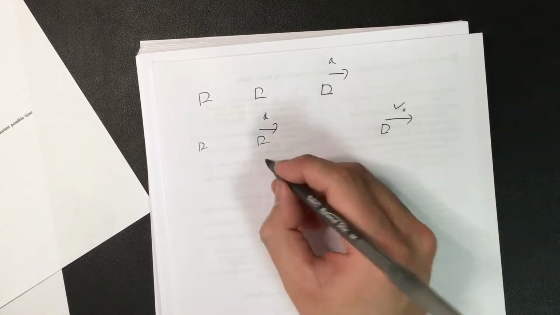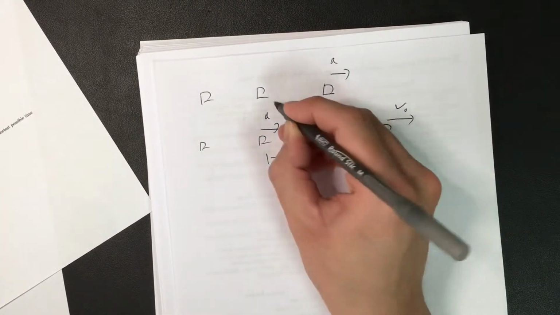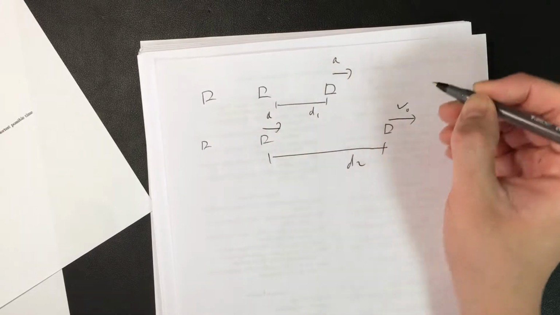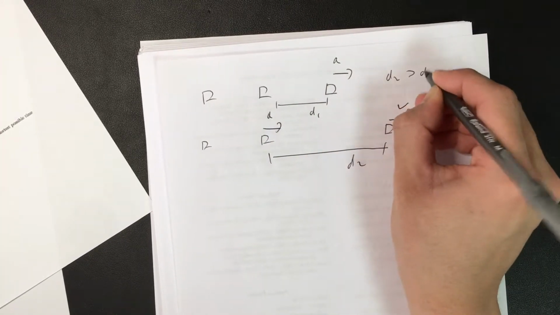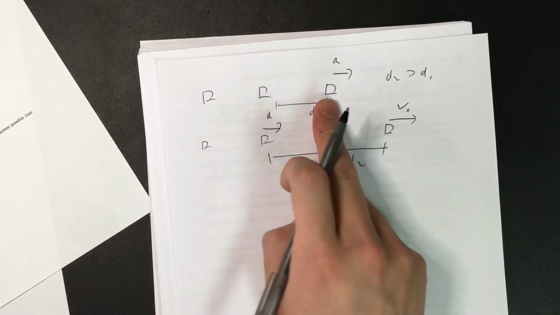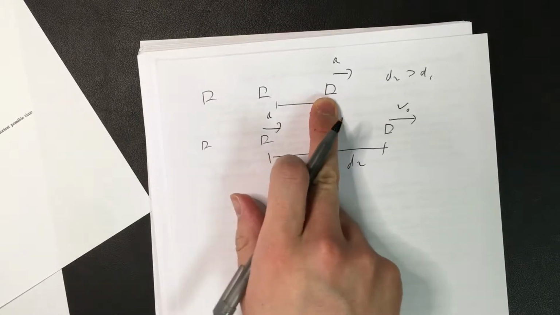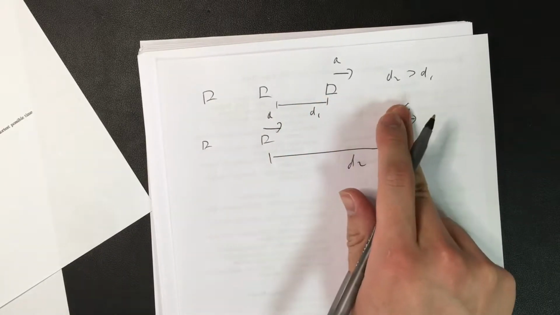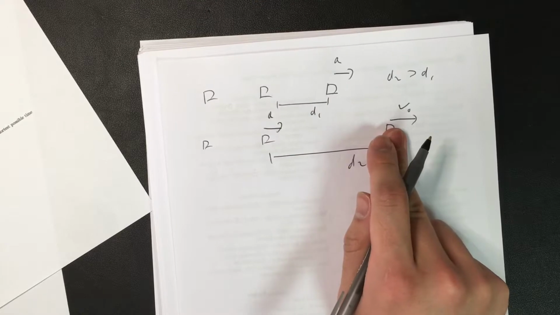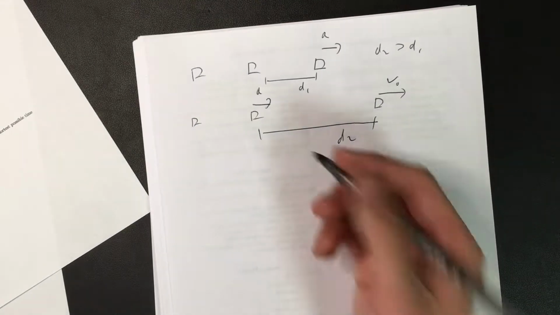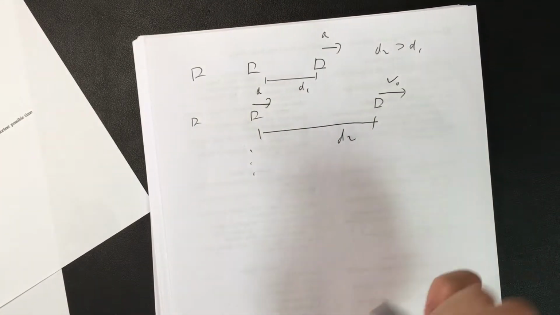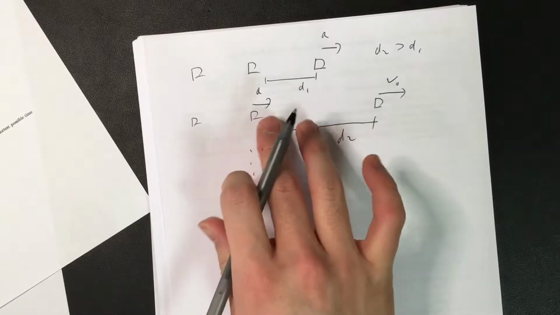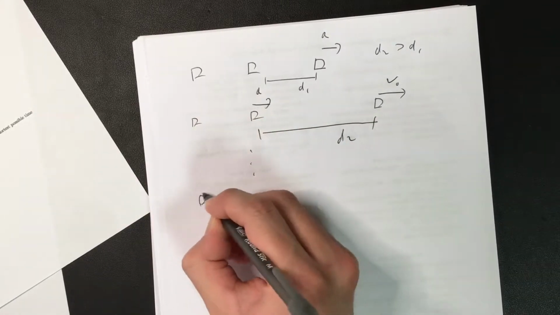Now, one thing to notice is that if I call this distance d2 and this initial distance d1, then d2 is greater than d1 because obviously the first car has been accelerated and it traveled along the right direction for a certain amount of time. And then after a certain time has passed, the third car would accelerate.